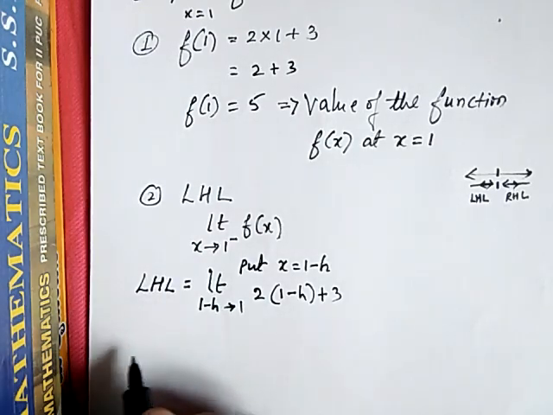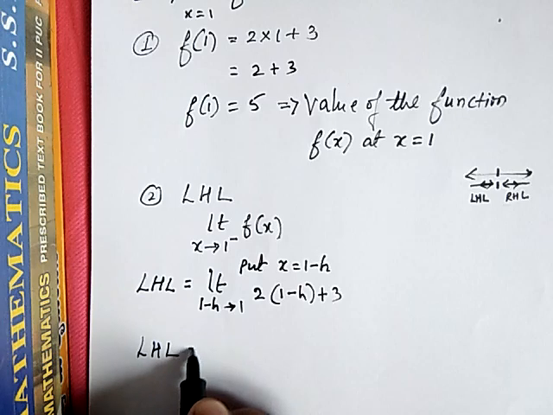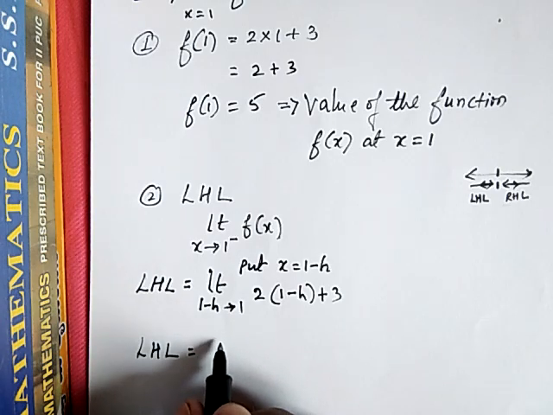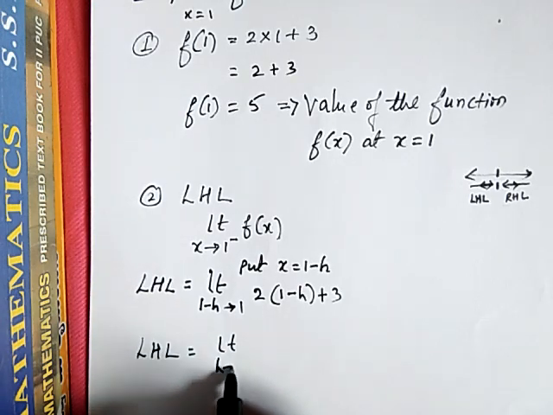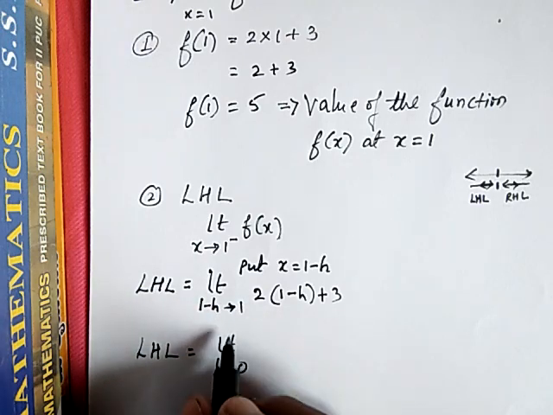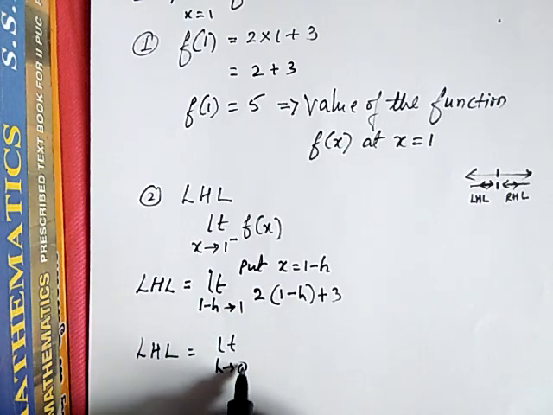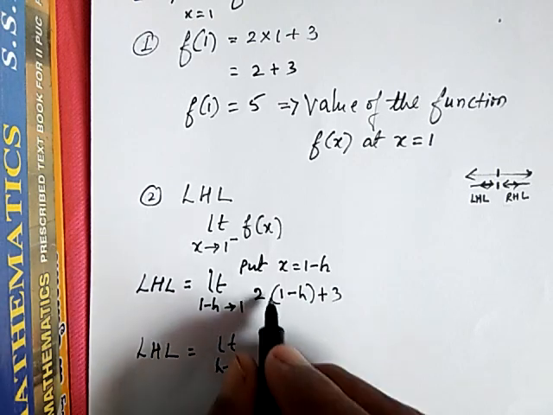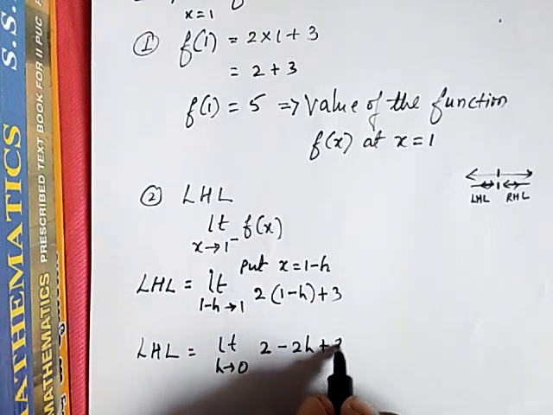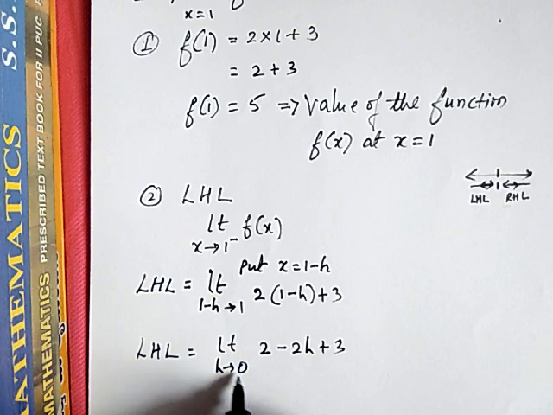So now LHL is equal to limit h tends to 0, because 1 minus h tends to 1 means h goes to 0. So this will be 2 into 1 is 2 minus 2 into h is 2h plus 3. h tends to 0 means h is approximately 0, not exactly equal to 0.